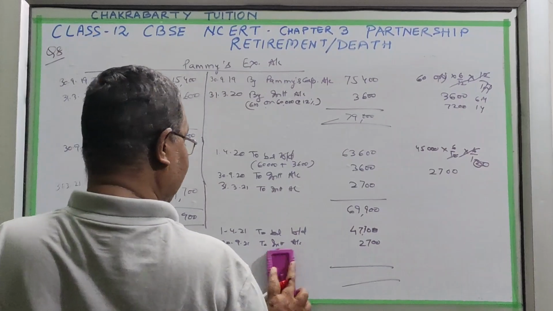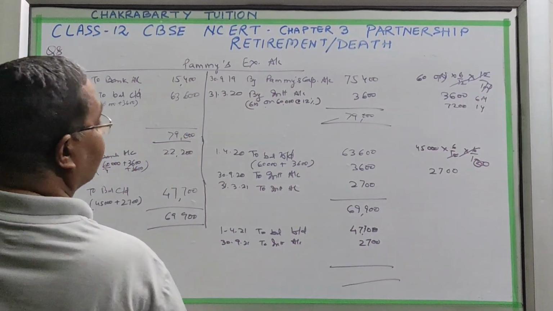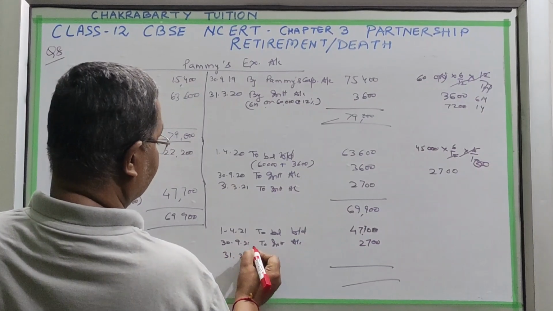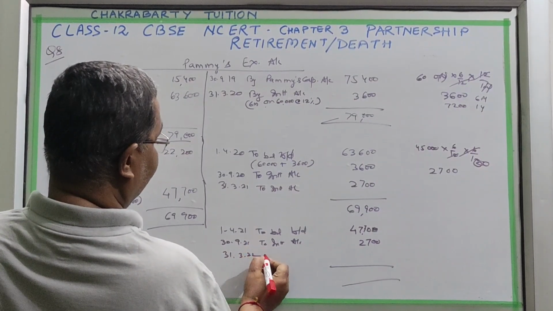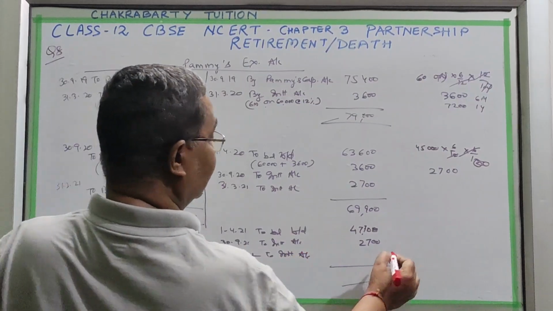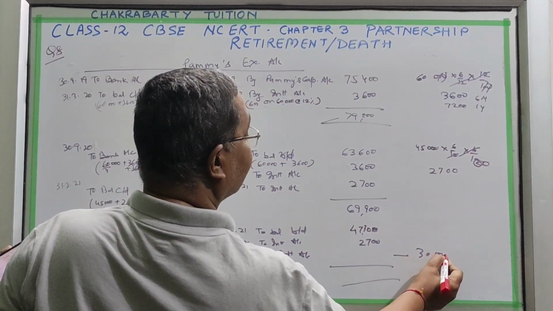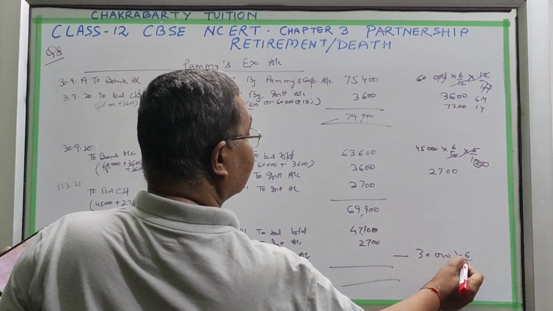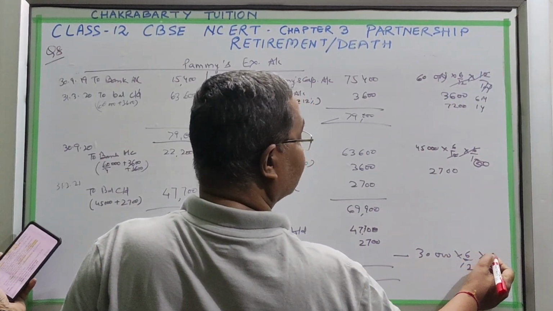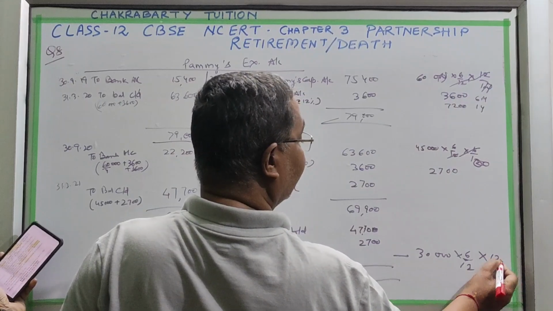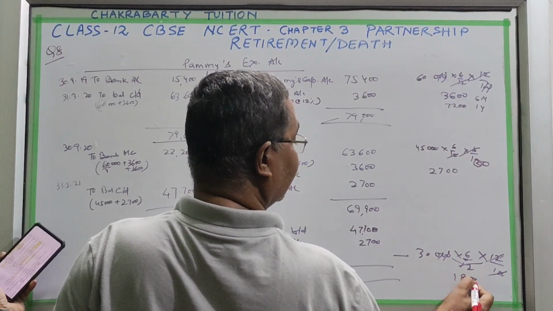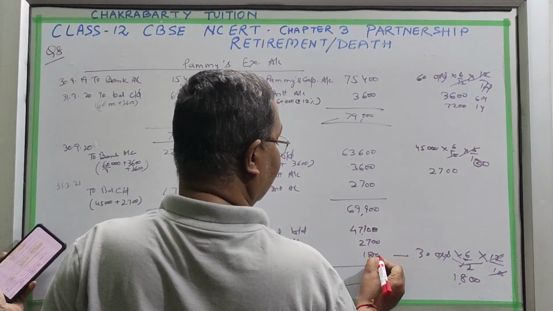And on 31/3/22 to interest, 6 month interest will be calculated on 30,000 for 6 months: 6 upon 12, 6 months into 12 upon 100. 1,800 it will come.